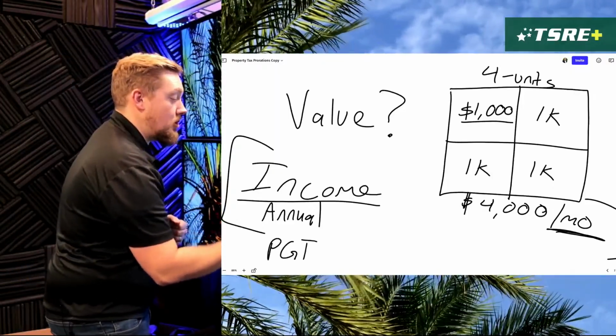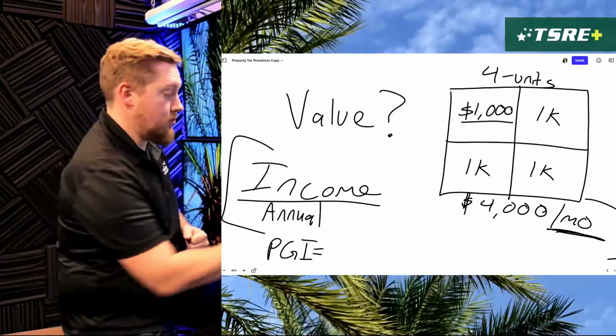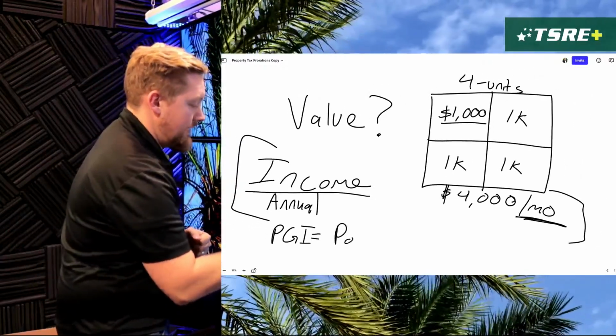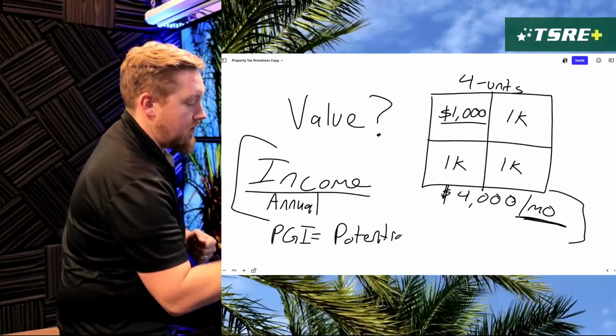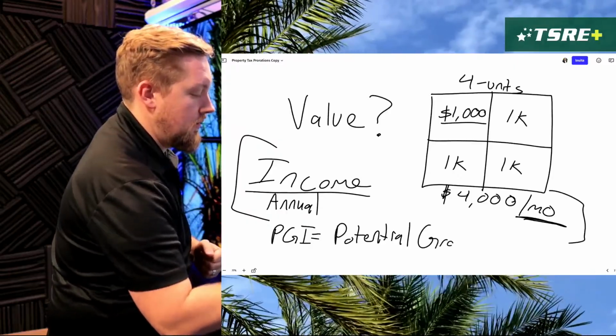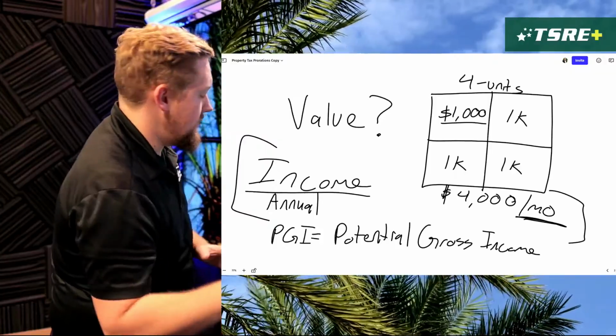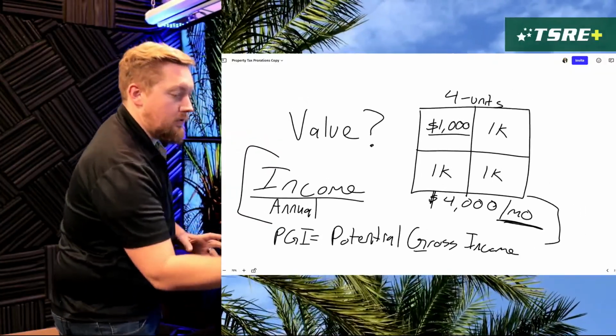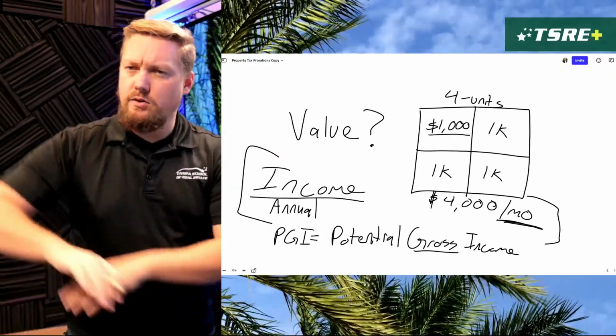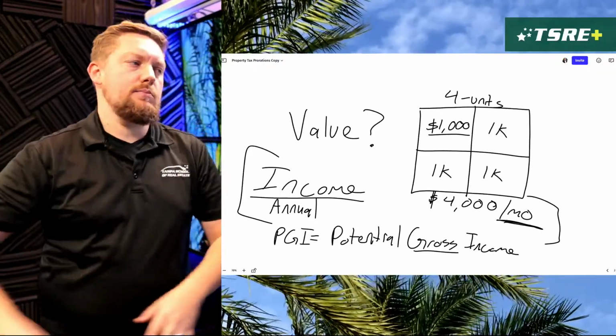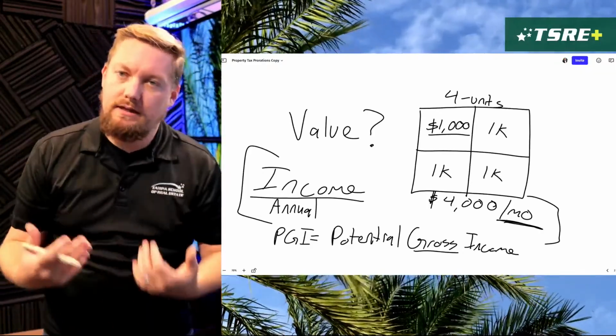So that's PGI for short, but on your exam, they're usually not short. So it'll usually say potential gross income, maybe potential income. That would essentially mean the same thing, but gross is going to mean before expenses. So we're not even worried about any expenses at this point.